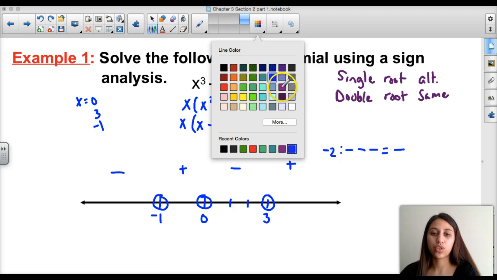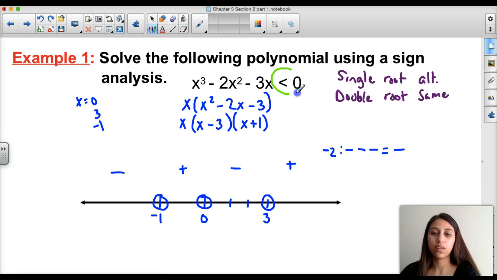So now to find our solutions, we're looking for values that are less than 0. Okay, so less than 0 here means that they're going to be negative. We have two sections that are negative. So the zone here is the numbers that are less than -1. So to the left of -1 is -2, -3, and those are all less than -1.